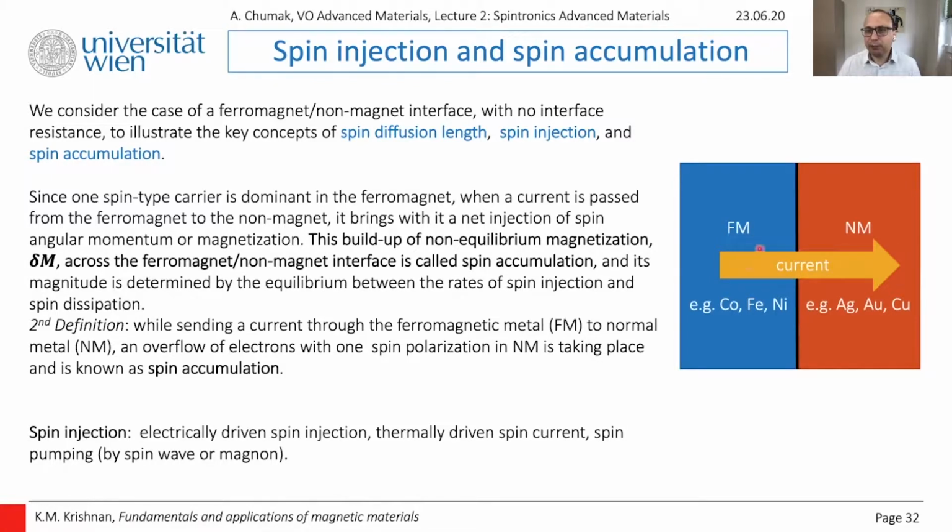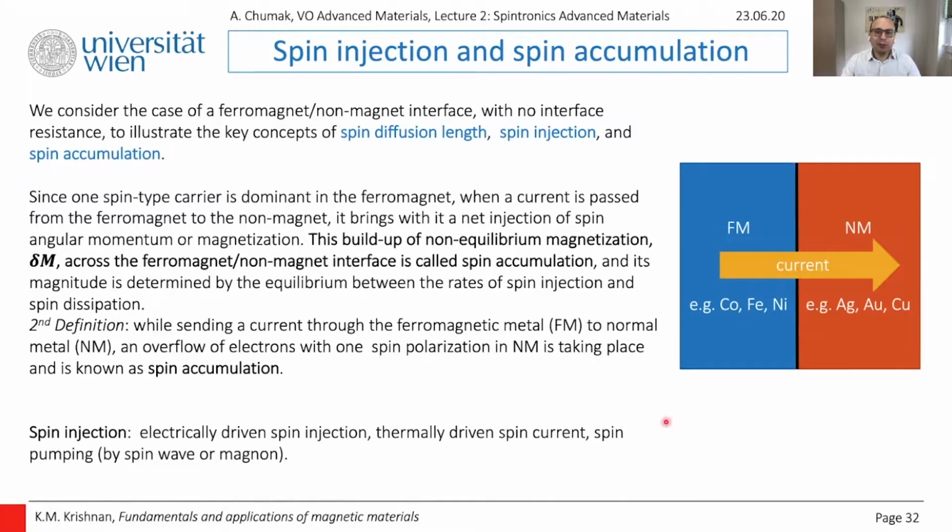So you simply inject more majority electrons into the normal metal, and although it was in equilibrium before, now we will have a different situation, and we will make our normal metal partially magnetic because we will have here more spin up electrons. And this injection of spin is actually named spin injection.